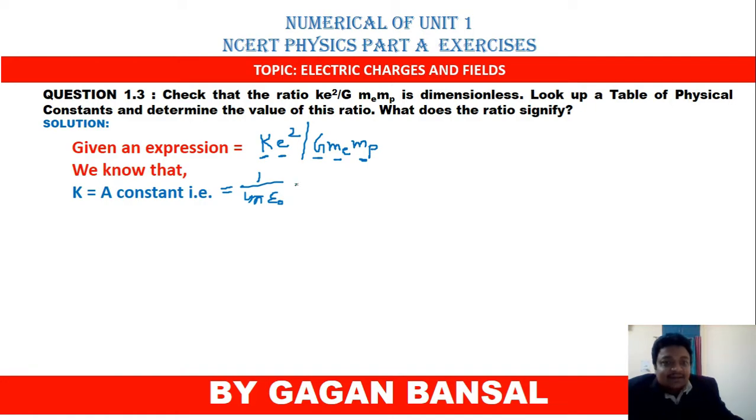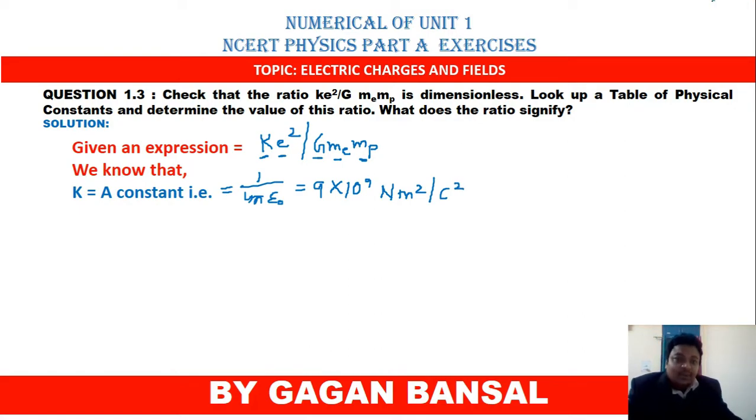We will not go that deep, but for revision I am repeating these things. The value of k is 9 into 10 raised to the power 9, and its unit is Newton meter square per Coulomb square.